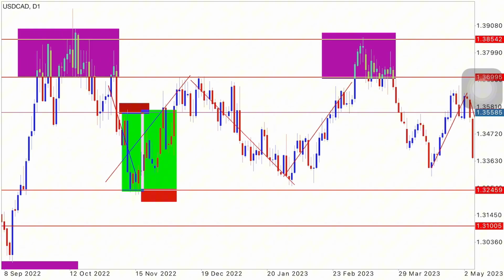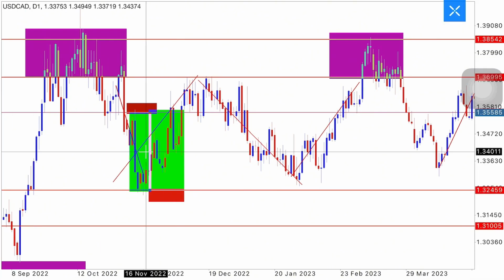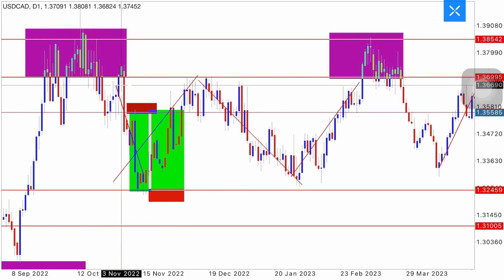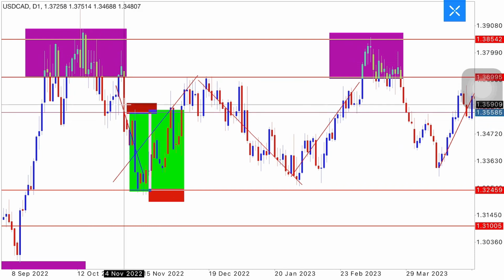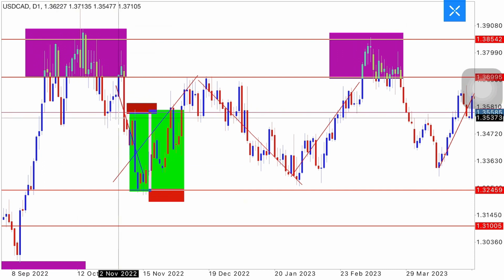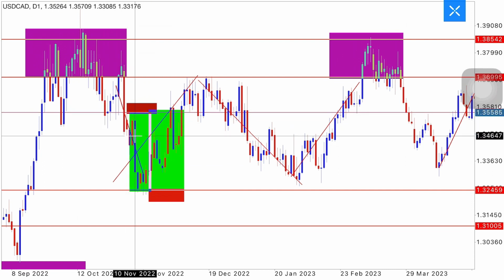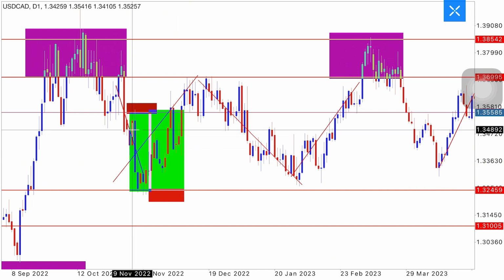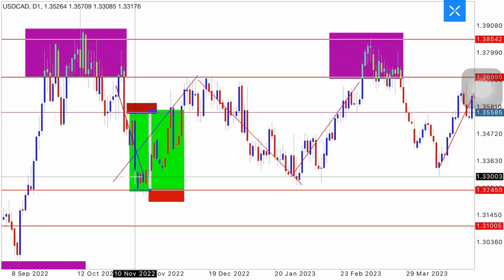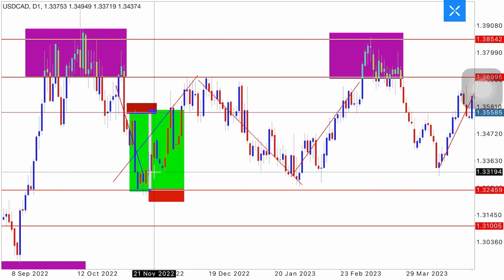So as you can see here, we had a huge volatility in this candlestick here before retesting this level here, and we had a beautiful long candlestick manipulation, or rather high volatile candlestick here. Same applies to this here.